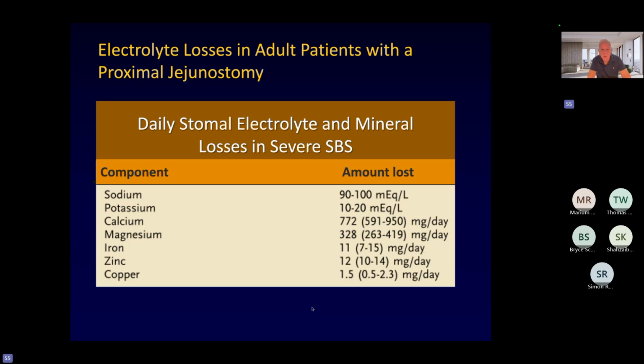With the loss of the colon and the presence of an ostomy, you have significant losses of fluids and electrolytes, and the amount lost can be dramatic, and it's shown here for sodium, potassium, trace minerals, iron, zinc, and copper.